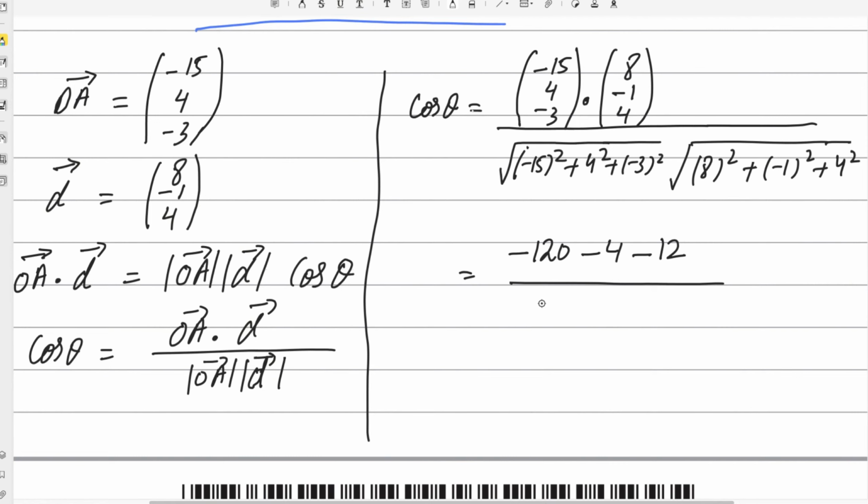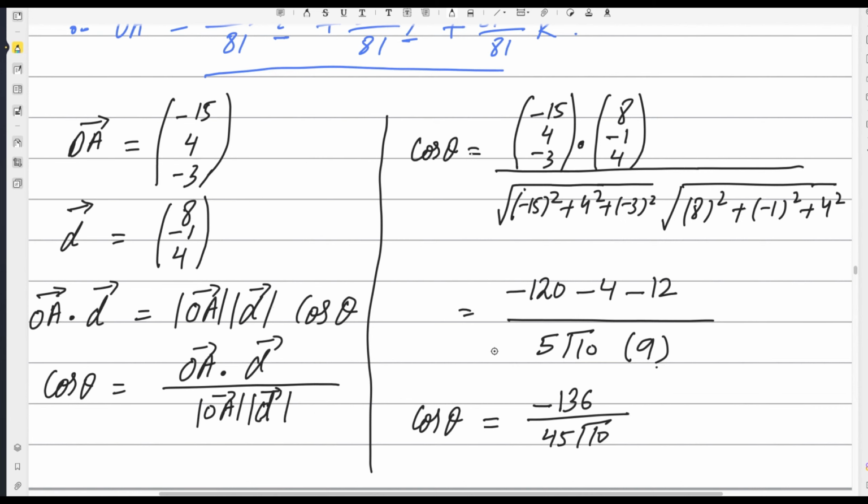The square root of the first one is 5 square root 10, and the square root of the other one is 9. Now you multiply them. In the numerator we have -136 over 9 multiplied by 5 is 45 square root 10. This is cosine theta. From here we will get the value for theta.